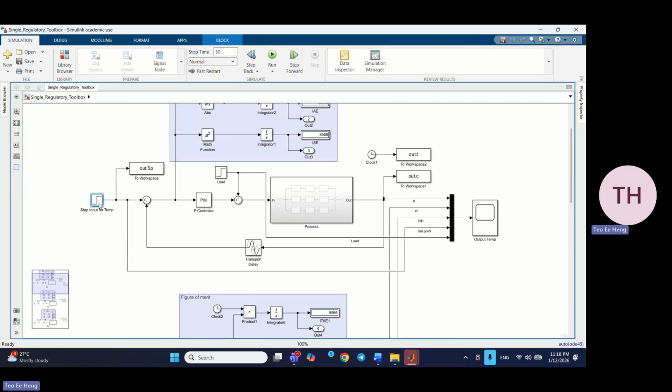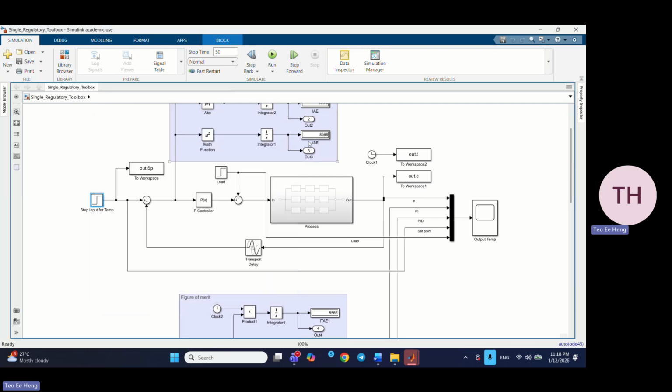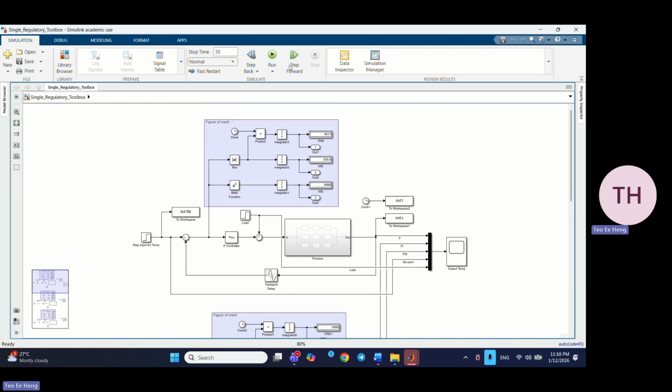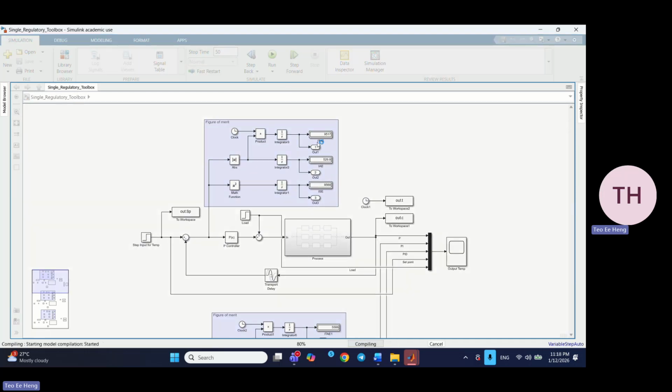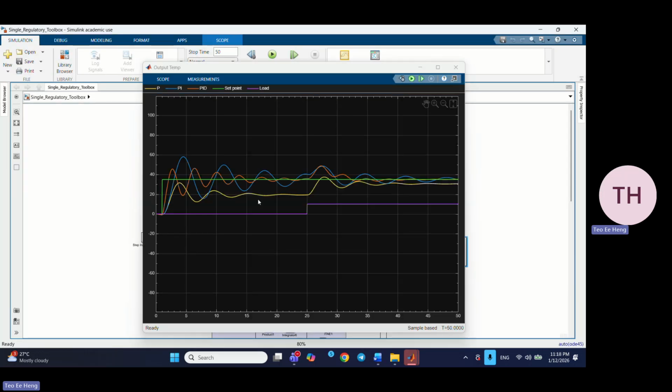Then we set the step input to control the temperature. The initial value is the same, 0, and the final value is 35. Then after we run the Simulink, we can get the response curve like this.